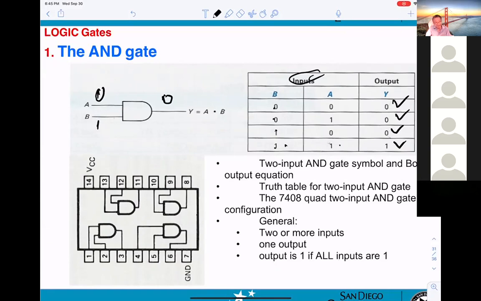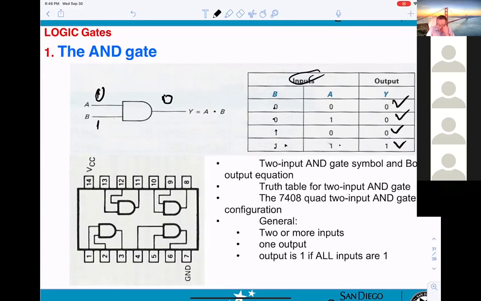For the AND gate, no matter how many inputs, they get only one output. They say the output is 1 if and only if all inputs must be 1. Okay?